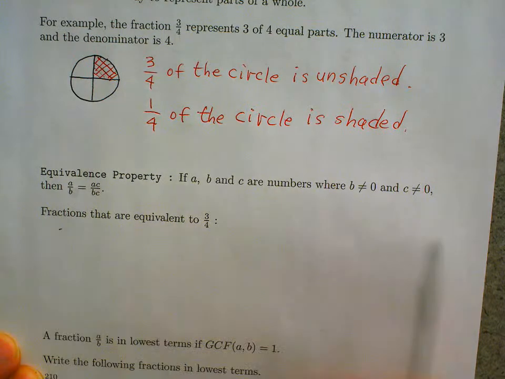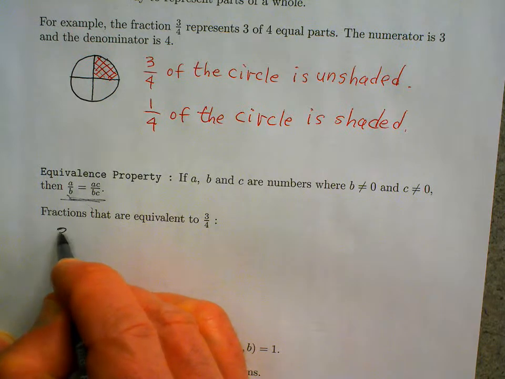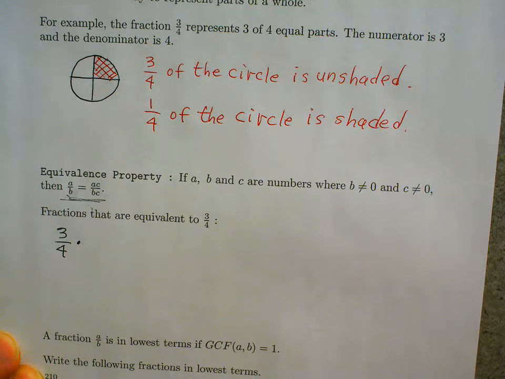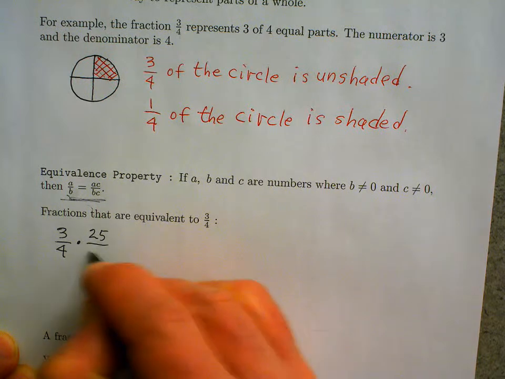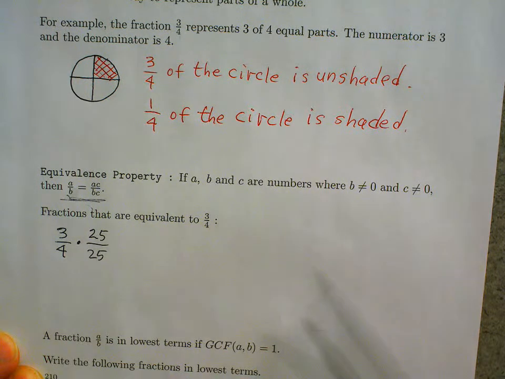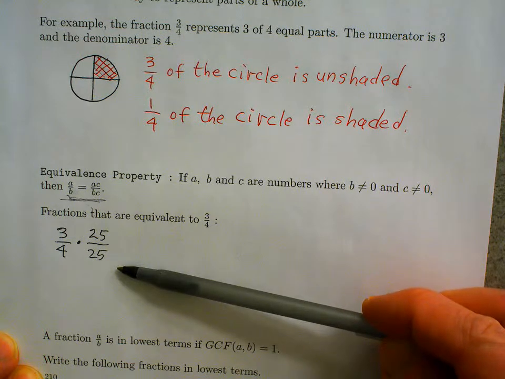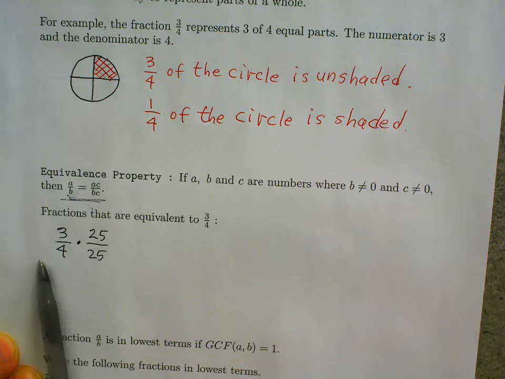If we look at this equivalence property, if we multiply 3/4 by 1 in the form 25 divided by 25, we're all in agreement that 25 divided by 25 equals 1. We're also in agreement that if you multiply something by 1, you get the same value back.